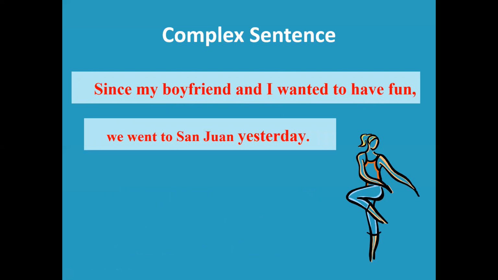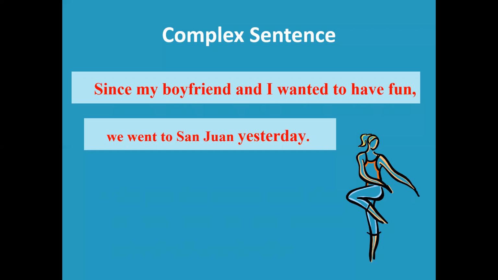Here we have another example of a complex sentence. Since my boyfriend and I wanted to have fun, we went to St. John yesterday. The first sentence started with "since."